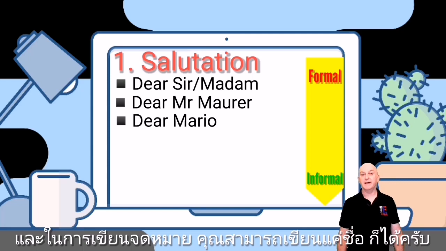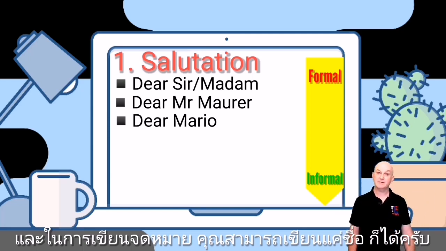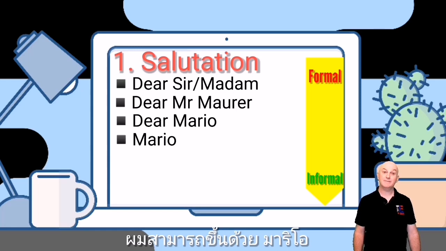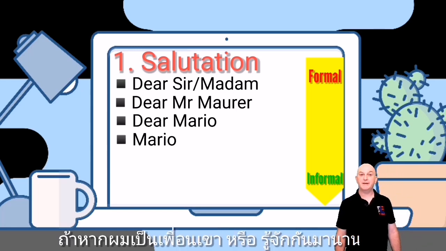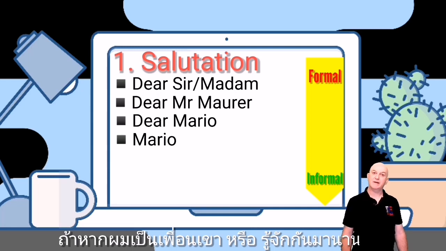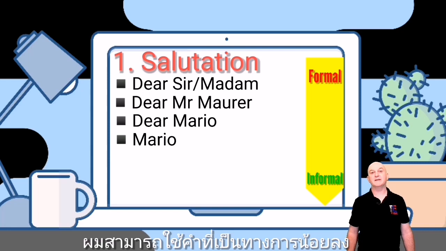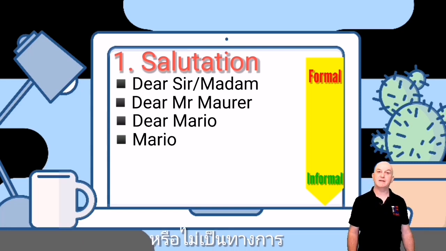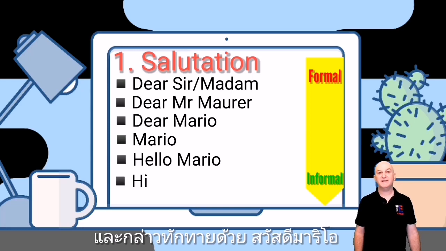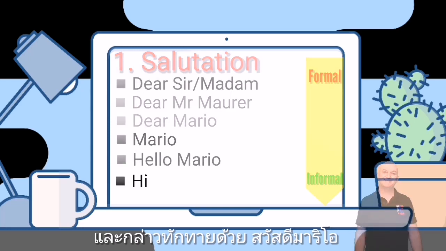Or even in emails, you can just write the person's first name alone, so I could start with "Mario." If I'm good friends with him or I've been writing emails to him for a long time, I can be a little bit less formal, more informal, and use a greeting like "Hello Mario" or even just "Hi."